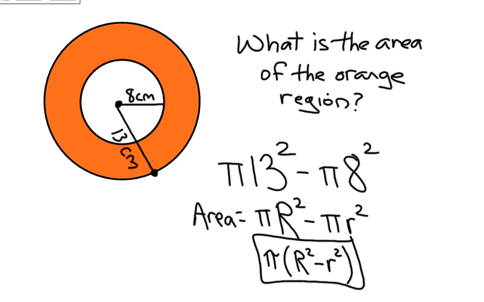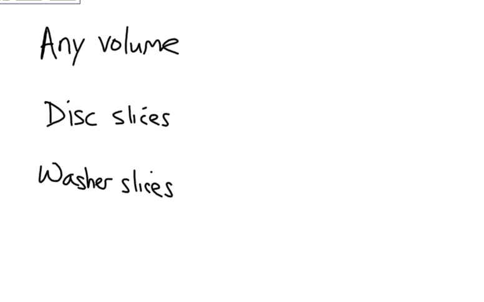Now that's the area of a washer, and really I want to talk about volume here, but here's why. The volume of basically anything is the area of its cross section. In other words, if you have some kind of thing and you slice it up, those are cross sections.